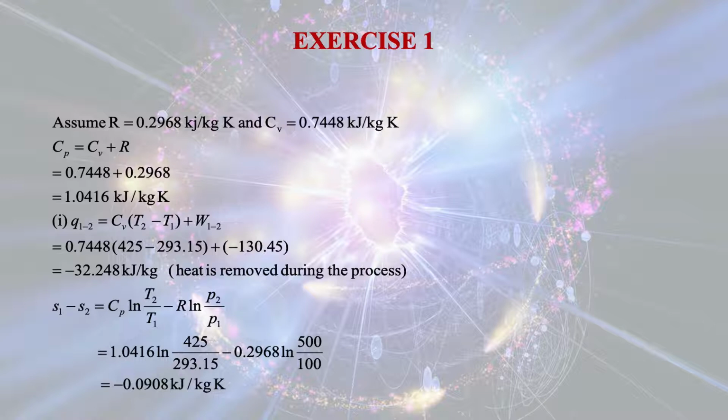All the values on the right hand side of this equation are known. Just put the values and calculate the change in entropy, that is minus 0.0908 kilojoule per kgK. Now let us start exercise 2.